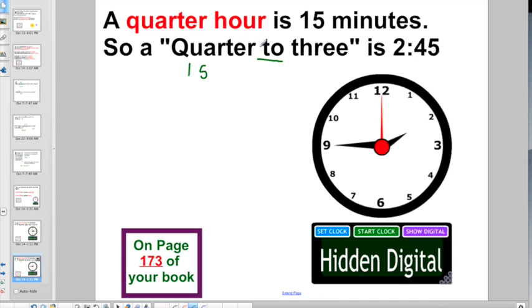It's a quarter until 3 or a quarter to 3. So your hour is 2. What is the minutes? Well, if you count them up, 5, 10, 15, 20, 25, 30, 35, 40, 45. A quarter to 3 is 2:45. You got to start thinking like a clock.